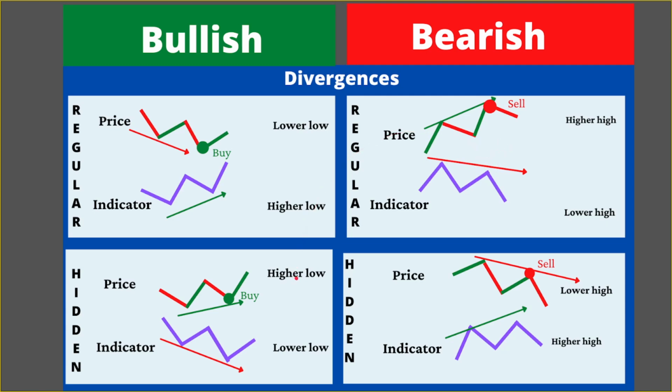Now, hidden divergences are flipped in a sense. Let's say we are in an uptrend in price. Price forms a low, a high, and then a higher low. At the same time, the indicator is pointing down. We're seeing lower lows on our RSI.